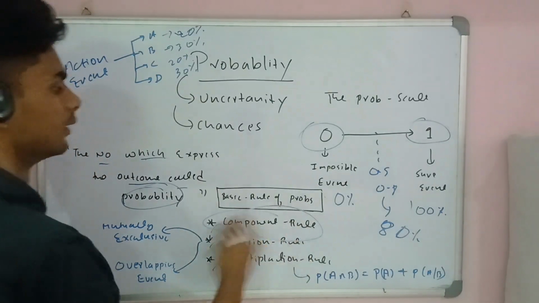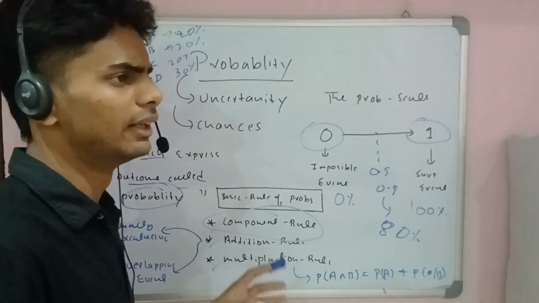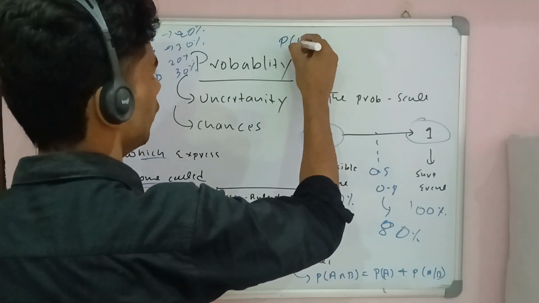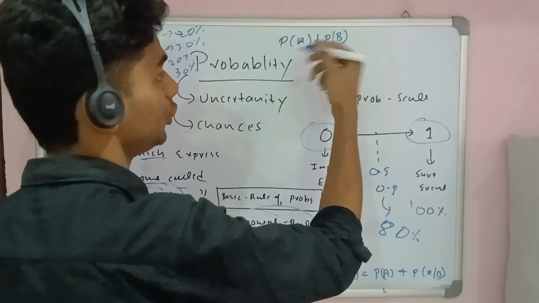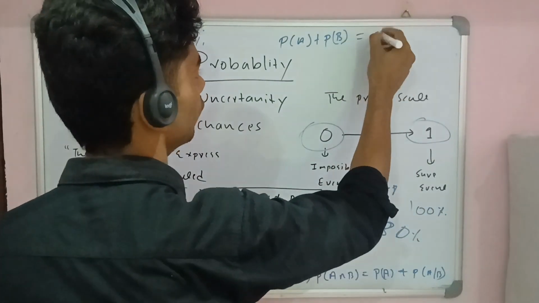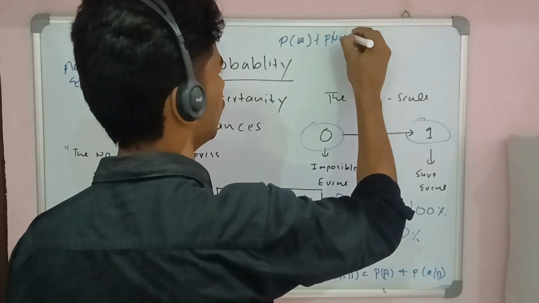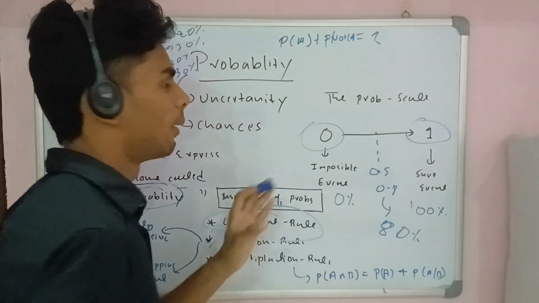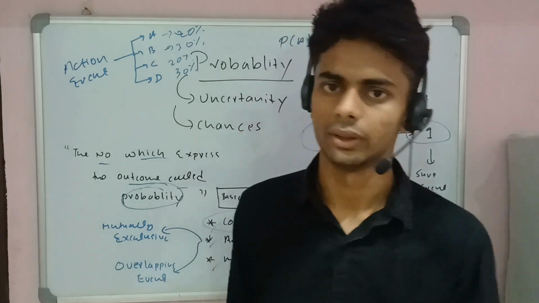The complement rule states that suppose the probability of any event A and the probability of not A together are always equal to 1.